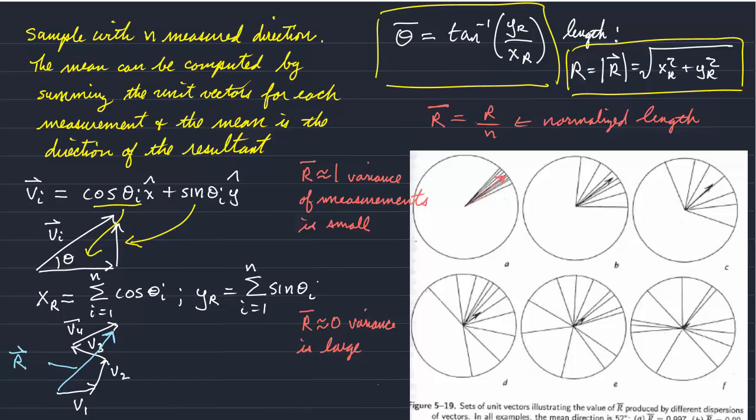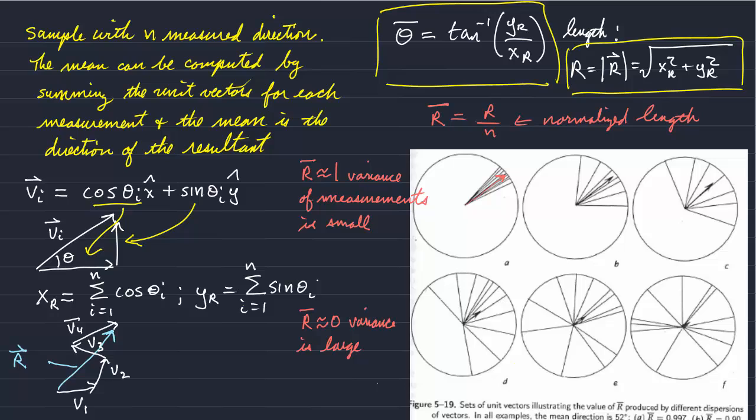Right? In the n-member cases, when all the vector measurements have the same direction, and you sum the unit vectors and then normalize the resultant by the number of measurements, you'll get exactly 1. And the extreme case is if you have measurements that alternate directions 180 degrees apart. When you sum those, of course, the resultant vector has a length of 0. Therefore, this quantity r bar is used to define what is called the circular variance.